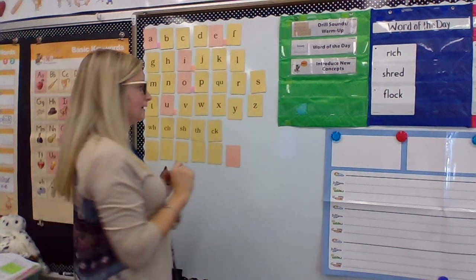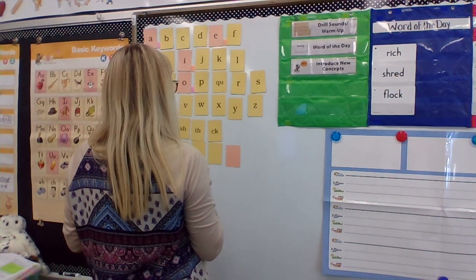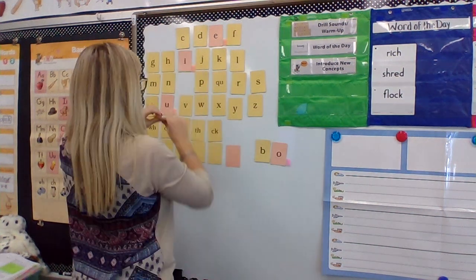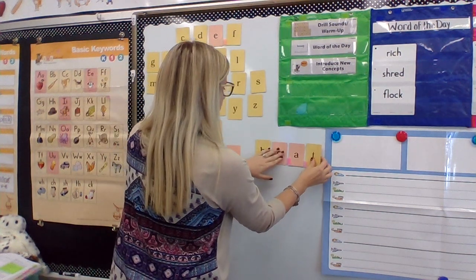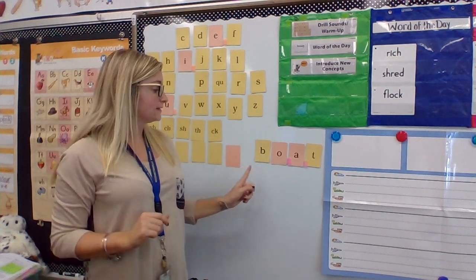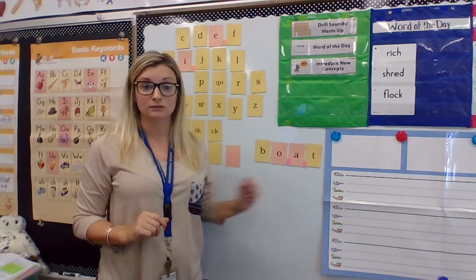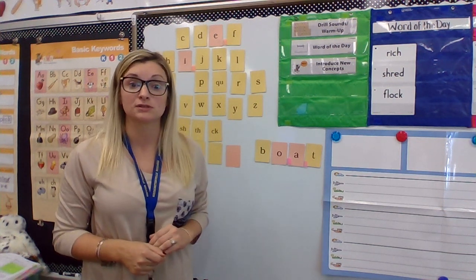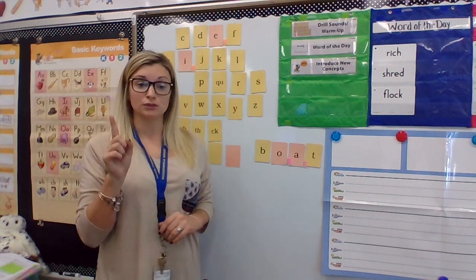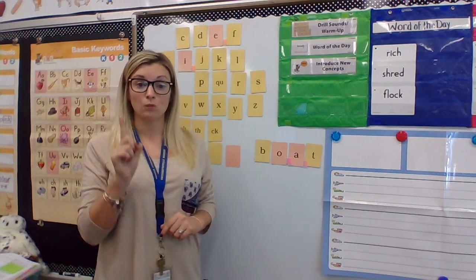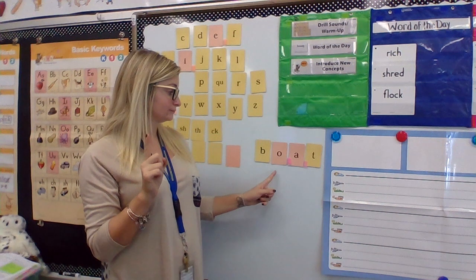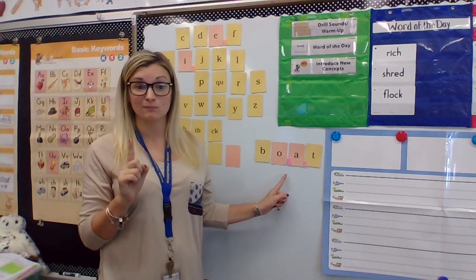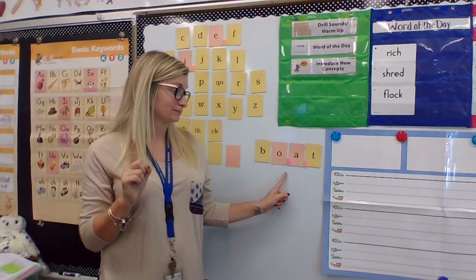Let's try this one. Okay. This word is boat. Let's go ahead and see if it follows our closed syllable rules. First rule, has to have one vowel. It actually has two vowels here, so it doesn't match that rule.